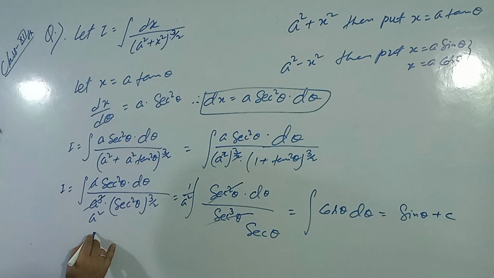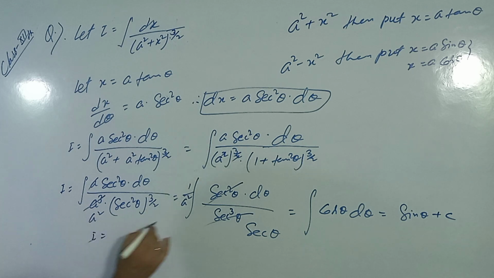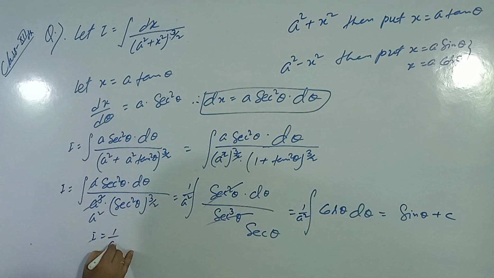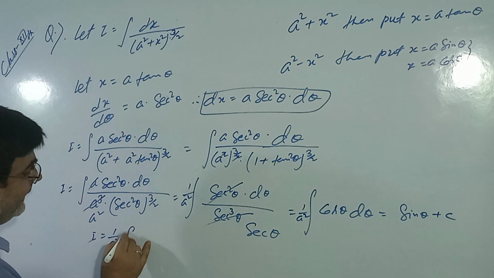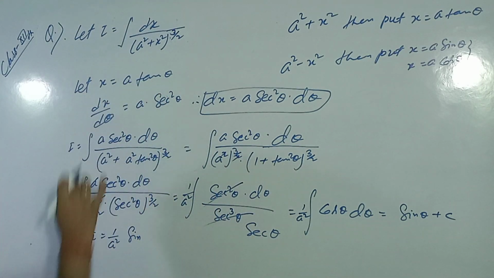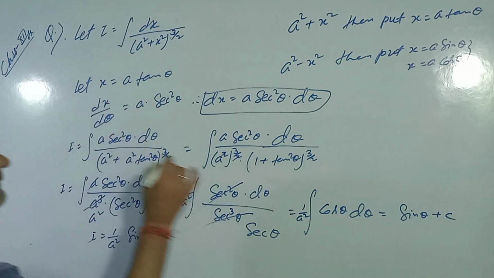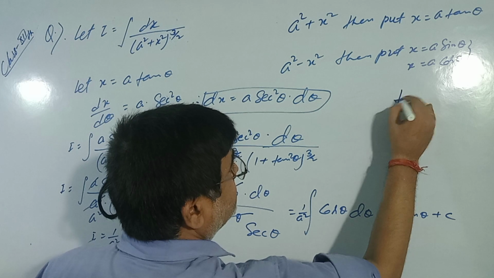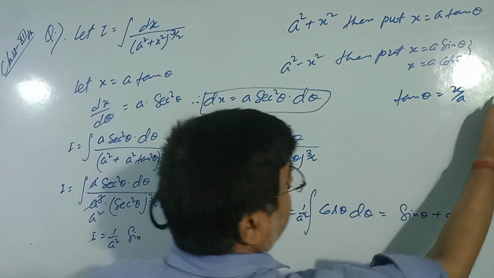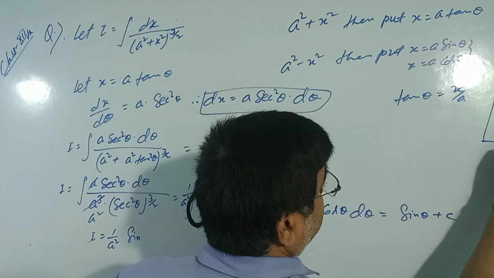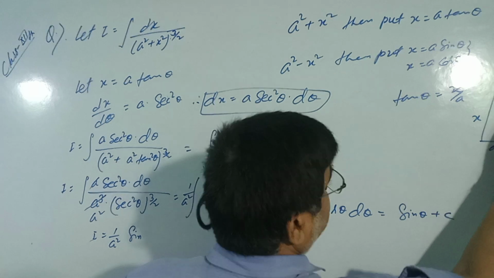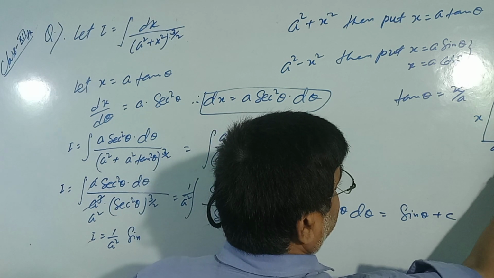So I equals 1 by a square and sin theta. Assume that tan theta equals x by a, so in the triangle, this is the perpendicular p, this is the base b, and this is the hypotenuse, root a square plus x square.